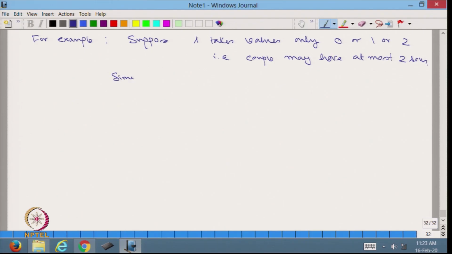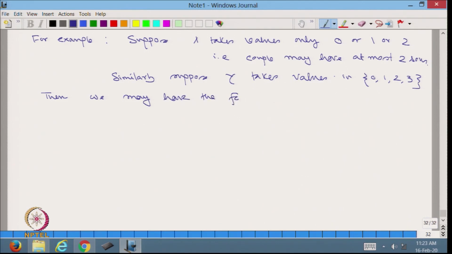Similarly, suppose y takes values 0 or 1 or 2 or 3, then we may have the following table to describe the probabilities.